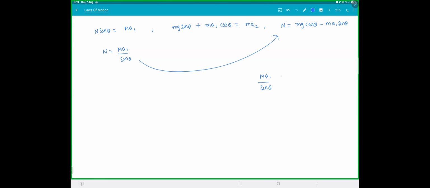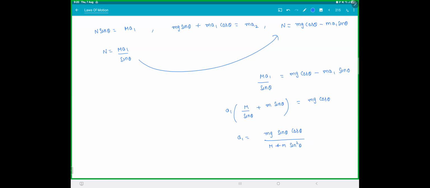Ma1 by sin theta is equal to mg cos theta minus ma1 sin theta. Bring all the sin theta terms together: M a1 sin theta plus m a1 sin theta is mg cos theta. Therefore, a1 will be mg sin theta cos theta by M plus small m sin squared theta.